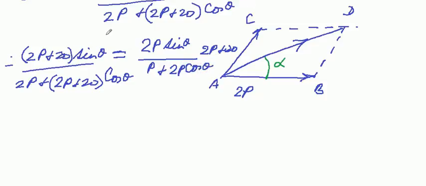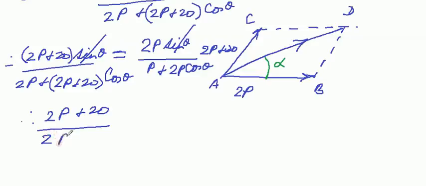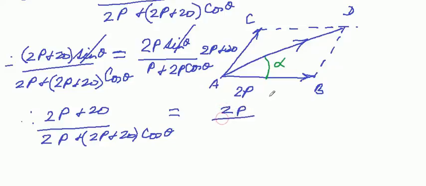So the sin theta will cancel. So now we have (2P plus 20) upon 2P plus (2P plus 20) cos theta is equal to 2P upon P plus 2P cos theta.